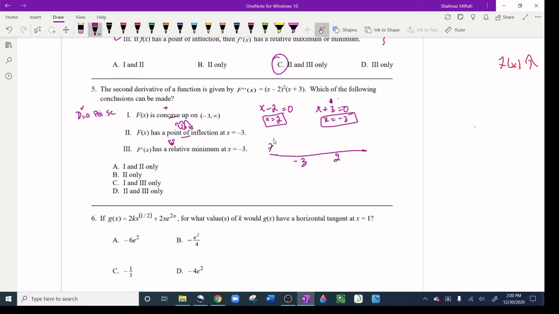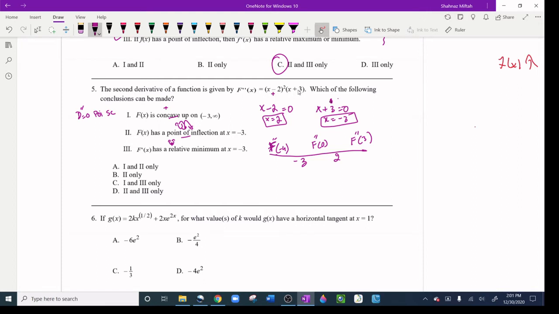So I'm going to pick something: f double prime of negative 4, f double prime of 0, and f double prime of 3. If I plug in negative 4 in the second derivative, negative 4 minus 2 is going to give me negative 6, and since it's squared, it's going to go positive.